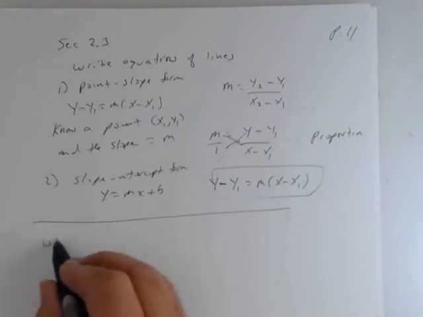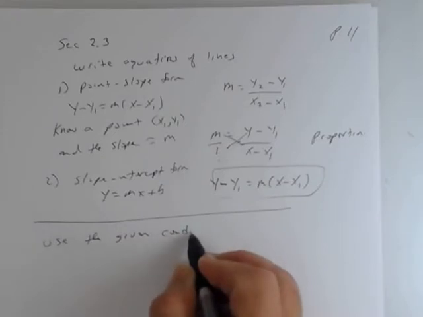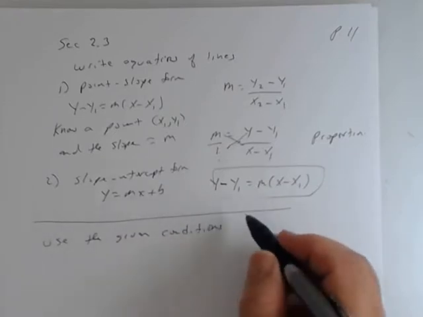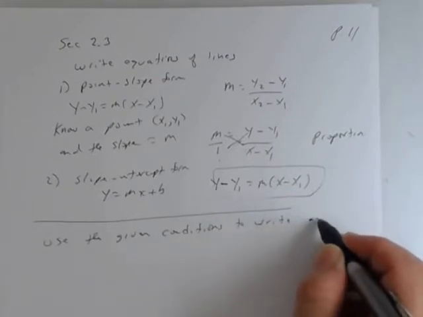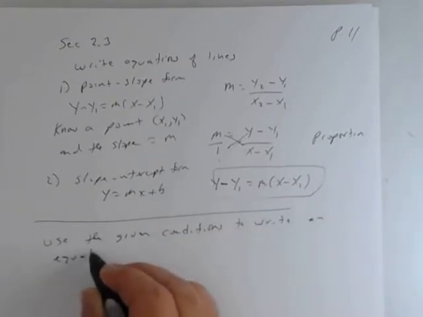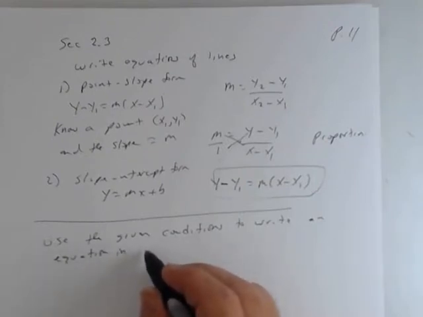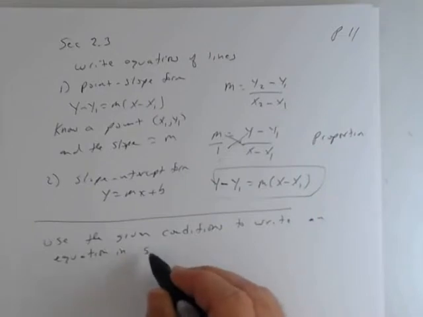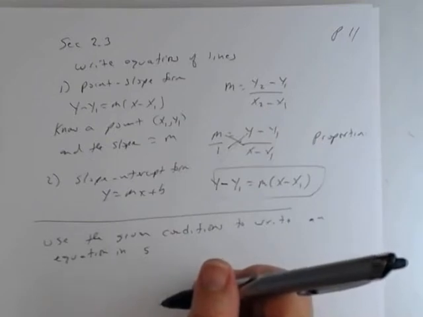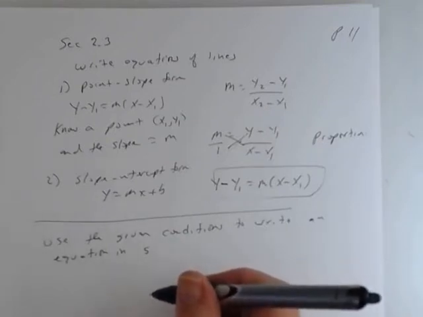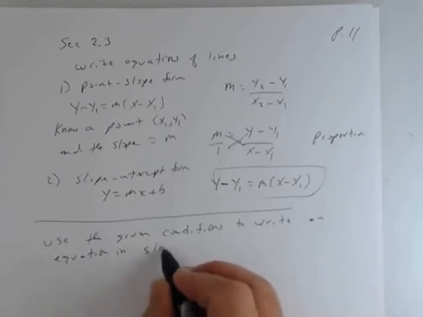All right, so here are the directions. Directions will say use the given conditions to write an equation. Now on the worksheet, I think I just said write in slope-intercept form. So I'm just going to say use the given conditions to write an equation in slope-intercept form.